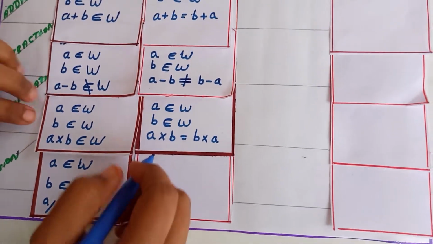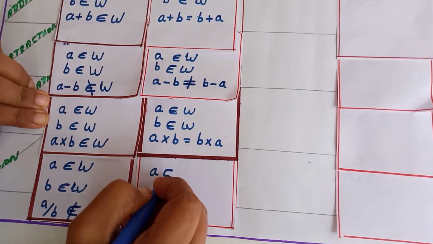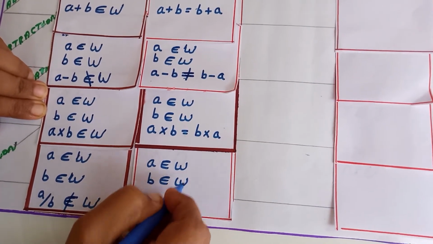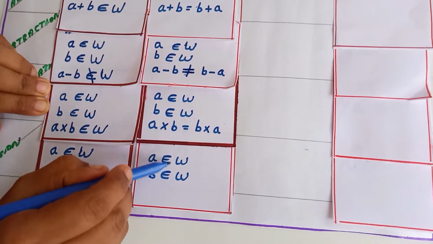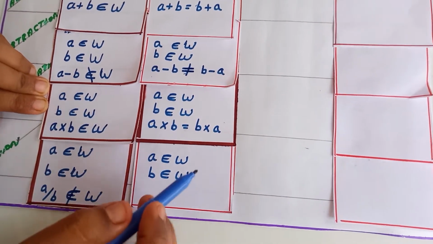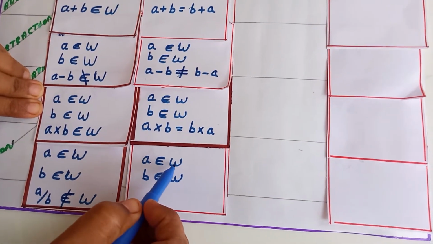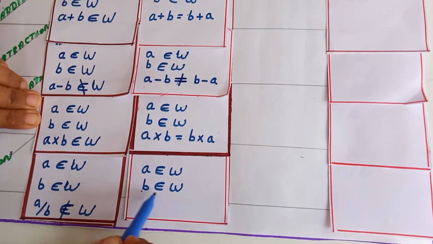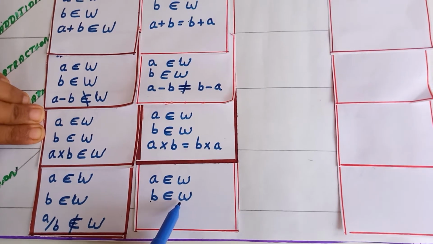For division, A belongs to W and B belongs to W. Don't be too tense seeing the signs. Belongs to means A we are taking from the whole number set and B also from the whole number set.